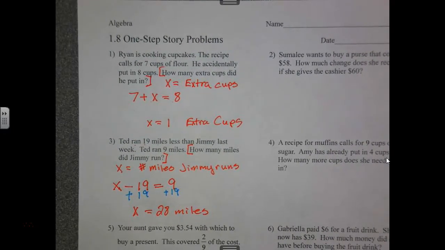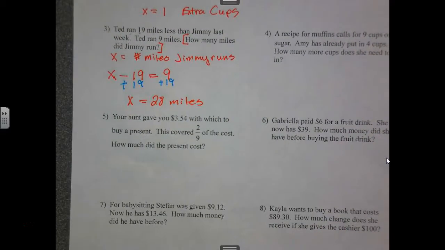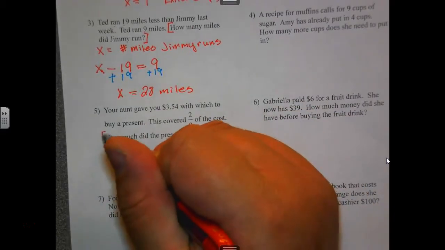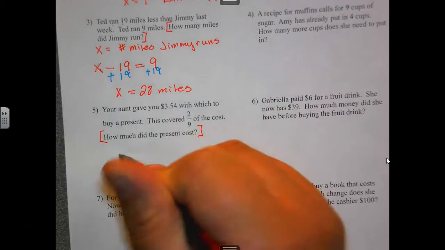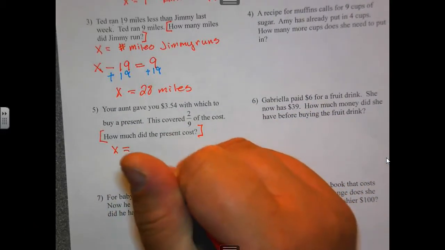Okay, number 5. Your aunt gave you $3.54 with which to buy a present. This covered 2/9 of the cost. How much did the present cost? There's your variable. I'm going to let x equal the cost of the present.